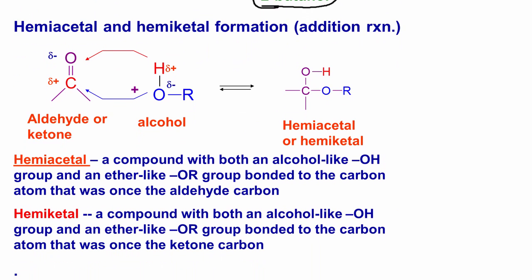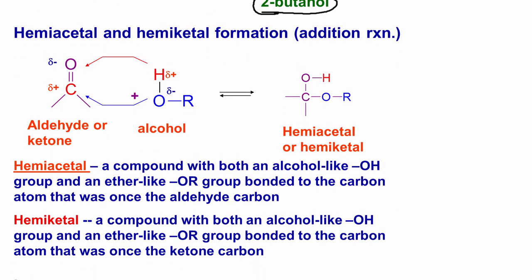The next type of reaction we're going to look at, remember I said these reactions that aldehydes and ketones undergo are addition reactions. We're adding to that carbon-oxygen double bond. Here we're going to look at hemiacetal and hemiketal formation. So what are these?